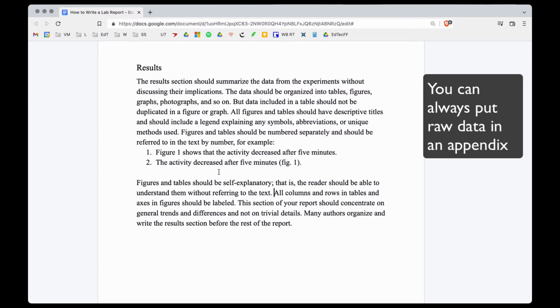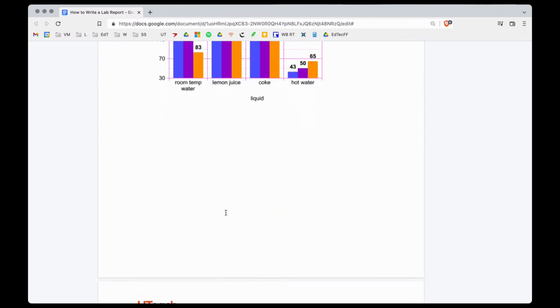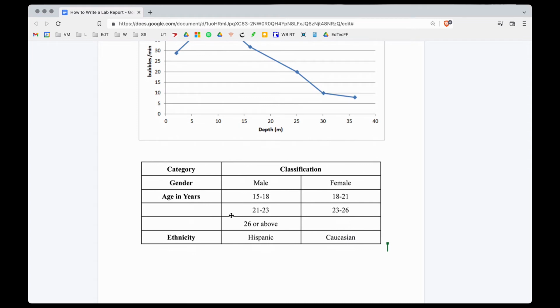Maybe just give me the average, and all the raw data, we can put that in an appendix. So whatever you put in your results, make sure that it has value. But what we're trying to do is to visualize our results. That's what we're trying to do. And that's the most important thing to do. You can do that on Google Sheets, and you can do that on Excel, and there's even free programs out there. And if you want to make your own, you can even make them on Canva.